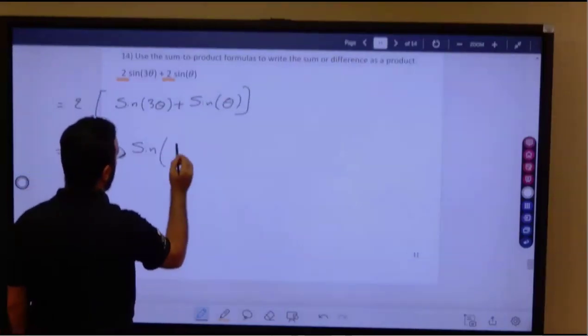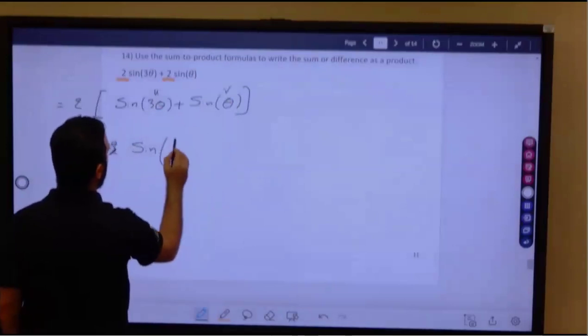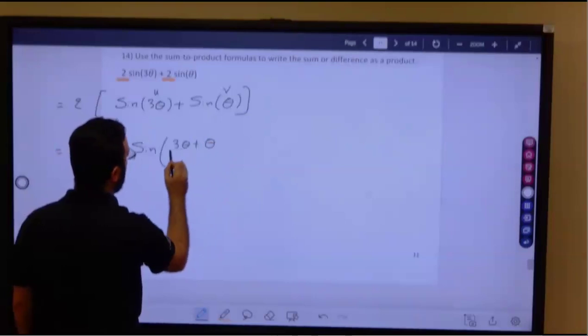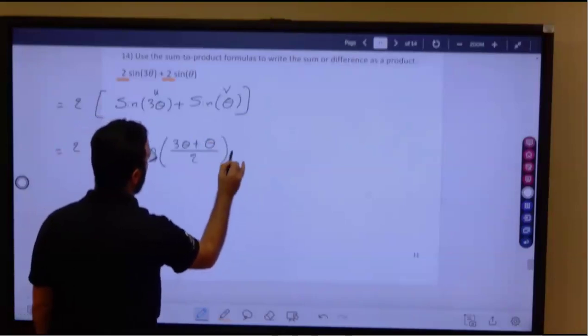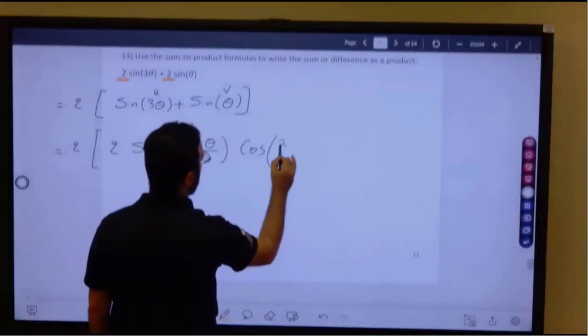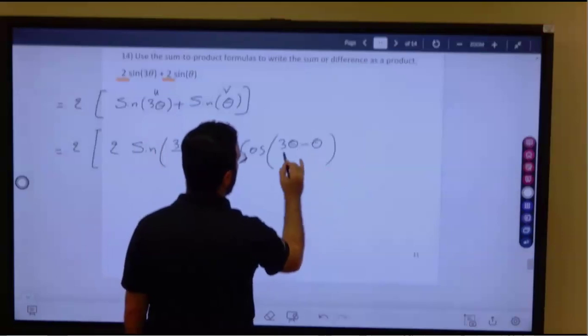So this is the u, and this is the v. So it's going to be u plus v, which is 4 theta, divided by 2, times cosine u minus v divided by 2.